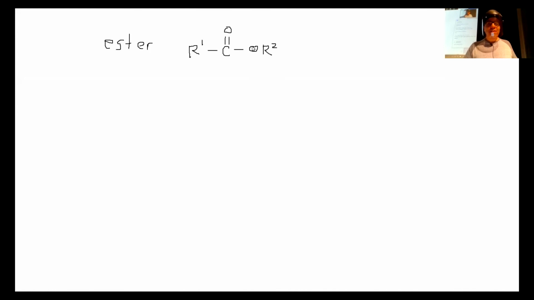Wish I could. But be that as it may, so compounds of this type are esters. One special kind of ester that you're likely to run into on occasion, these things show up in drug molecules all the time. Esters can be cyclic. In other words, the ester functional group can be built into a ring.